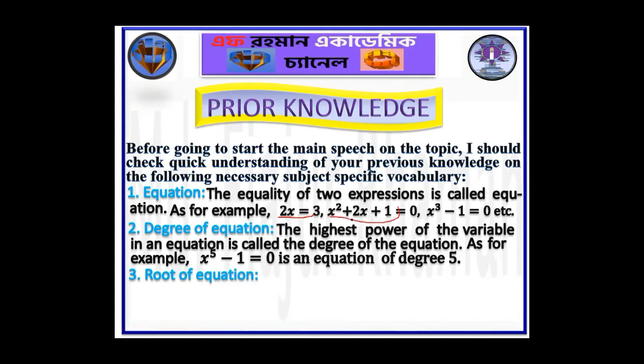X square plus twice x plus 1 is equal to 0 is of degree 2 or a quadratic equation, as the highest power of the variable in it is 2. X cube minus 1 is equal to 0 is an equation of degree 3 or a cubic equation, as the highest power of the variable x in it is 3.